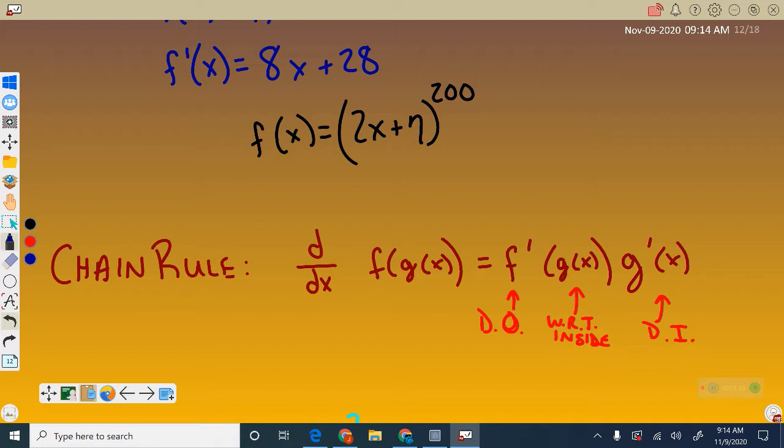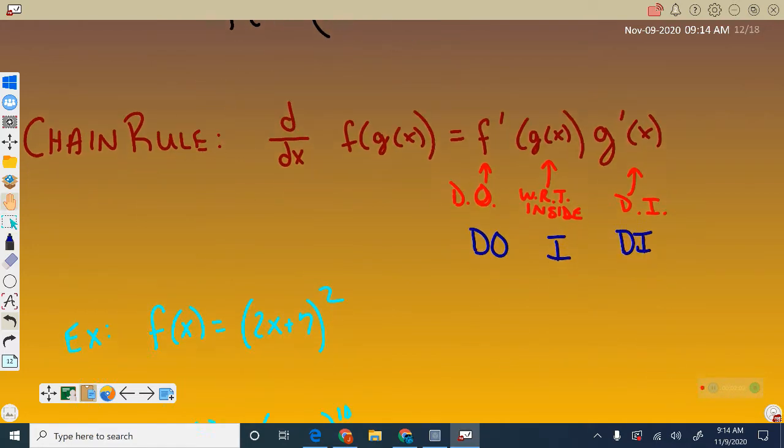So derivative of the outside, keep the inside the exact same, times derivative of the inside. Or, as some fun, clever people say: derivative outside, inside, derivative inside.